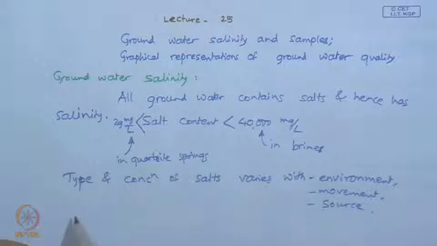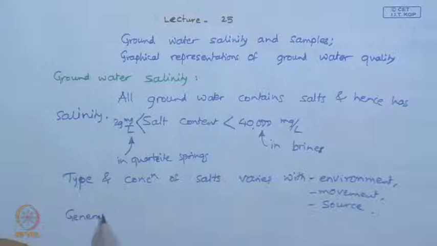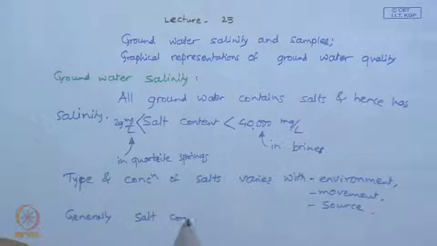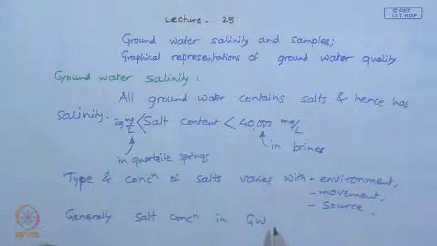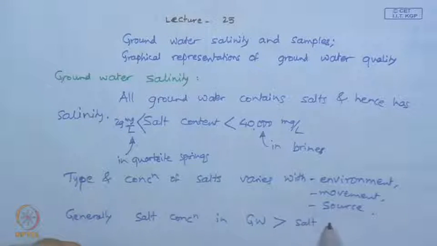So, generally the salt concentration in groundwater (GW is the abbreviation for groundwater) is much greater than the salt concentration in surface water.